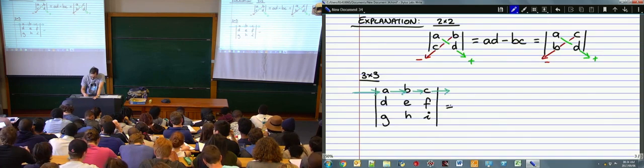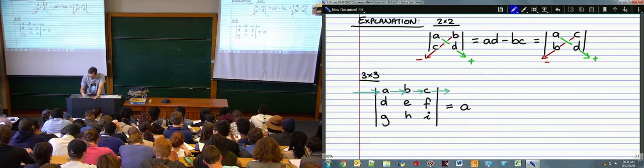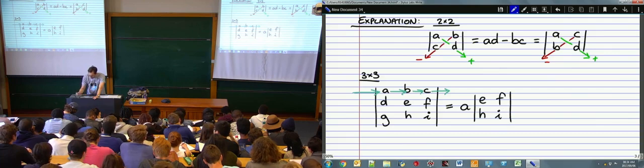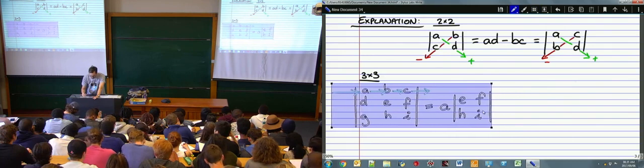So this is going to be equal to A multiplied by the minor E, F, H, I. I suspect I'm going to run out of space, so let me move everything over to the side here.